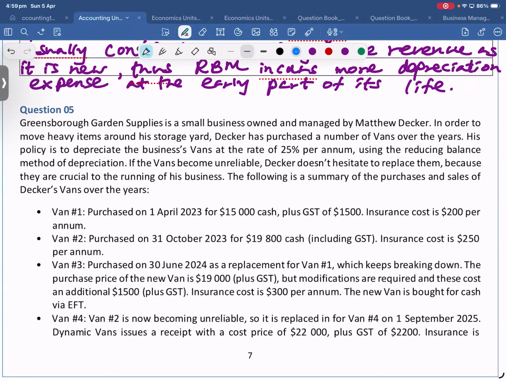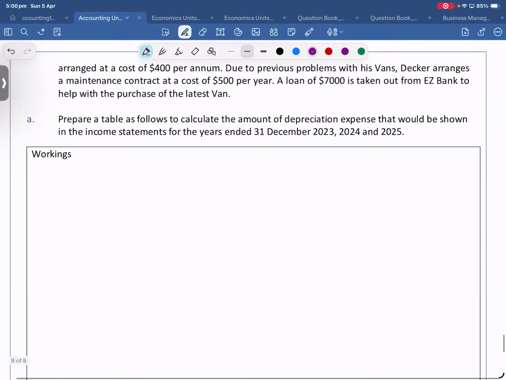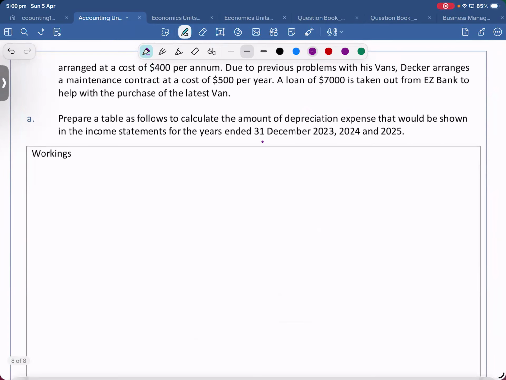And this is the summary. Now what are we supposed to do? Part A, prepare a table as follows to calculate the depreciation expense for the income statement for the years ended 31st December 23, 24, and 25. Then prepare extracts from the balance sheet. So technically we have to do the income statement and the balance sheet.